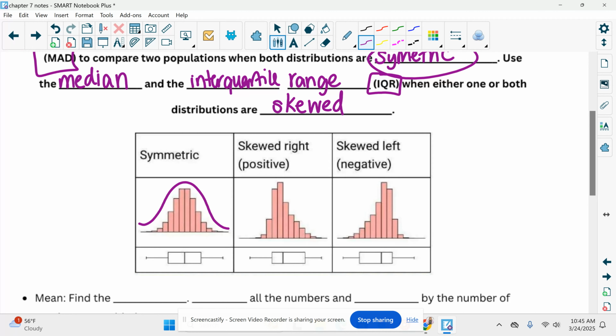Where the left side is very similar to the right side and it makes that pretty little curve. Do you see that? And if we look at the box and whiskers, if you look at the arms, they're the same length. They look the same on the left side as the right side. That's symmetrical.